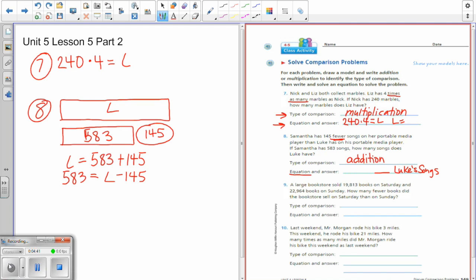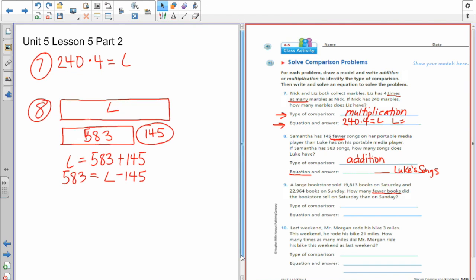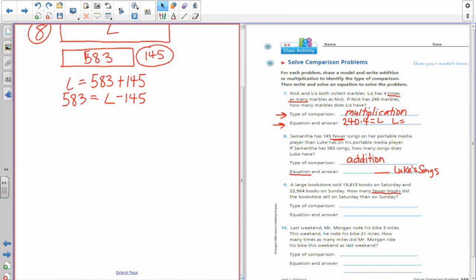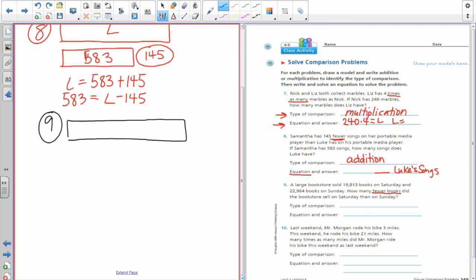Number 9, a large bookstore sold 19,813 books on Saturday and 22,964 books on Sunday. How many fewer books did the bookstore sell on Saturday than on Sunday? So if I'm looking at number 9, I'm doing my picture, because for some of us, this picture really helps, especially as visual ones.